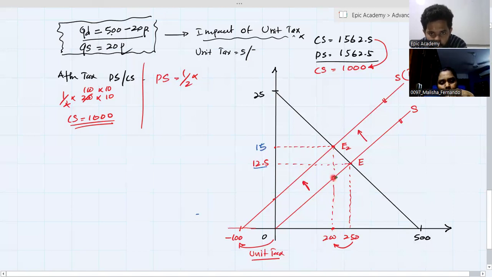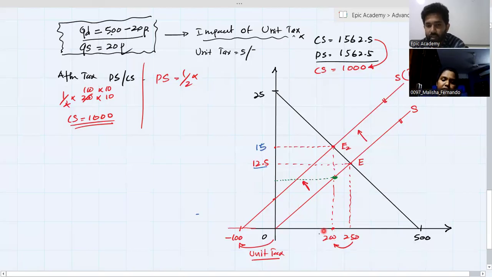Okay. So you have to identify the price value at that point. Did you get the idea? Yes, sir.